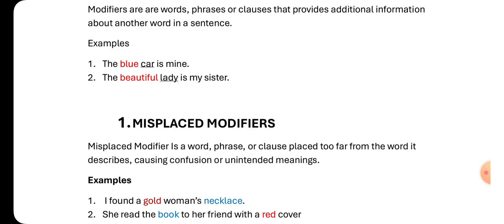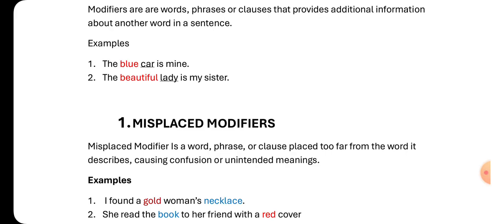So it becomes an error when you place the modifier too far from the word that you are trying to modify. When there is too much distance between the word that you are trying to modify and the modifier you are using, it becomes a misplaced modifier.